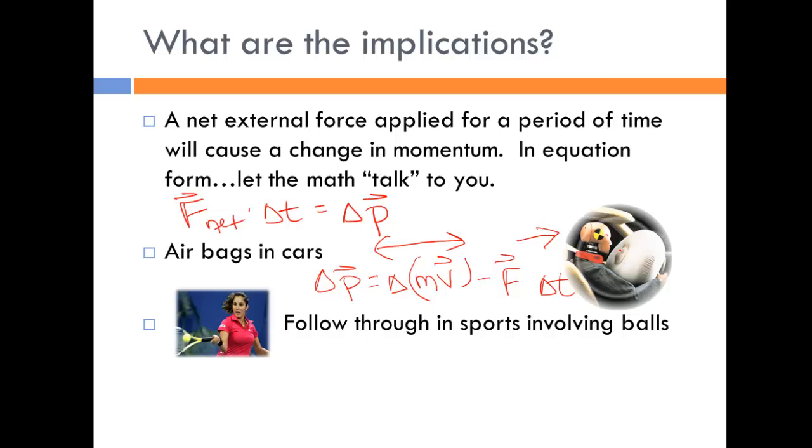So now instead of slowing down, just bam, hitting the steering wheel, the driver's head is going to slow down over a slightly longer time period. So we've extended the time over which the velocity of that driver's head comes to a stop, and that means that the force it takes to accomplish that is less.